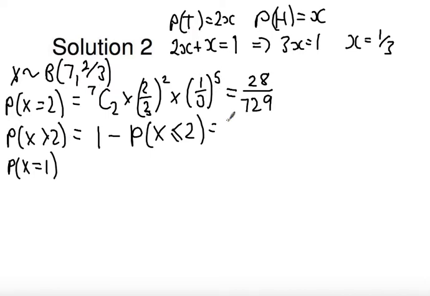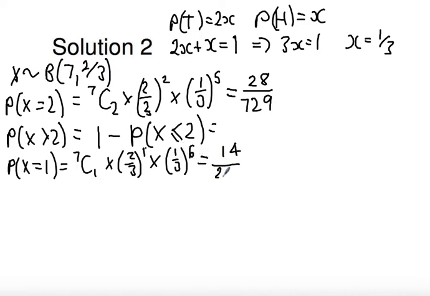The probability of X being equal to 1 would be 7 choose 1, times 2/3 to the power of 1, times 1/3 to the power of 6. When we type that into a calculator, I get 14 over 2187. Let's do the probability X equals 0.